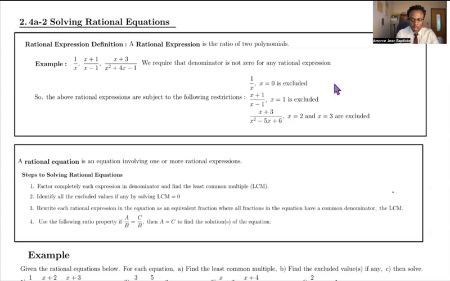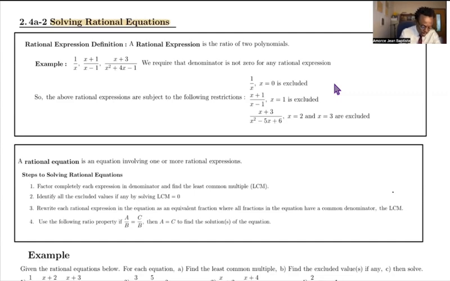So this section is about solving rational equations. Now, what is a rational equation? A rational equation is an equation where we can have one or more rational expressions in it.